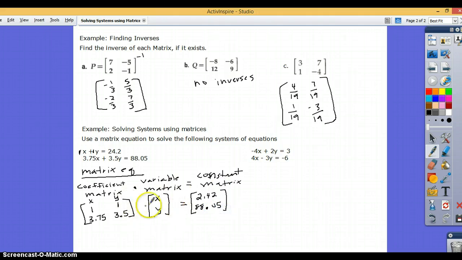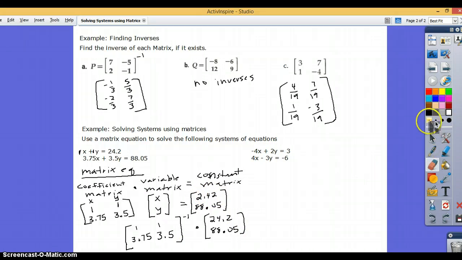The way we get the answer is it's the inverse of this one, so the inverse of the 1, 3.75, and by inverse, I mean raise it to the negative 1, times 24.2 and 88.05. And yes, I did make a mistake up here. This is 24.2, not 2.24. In case someone caught that, change that to 24.2.